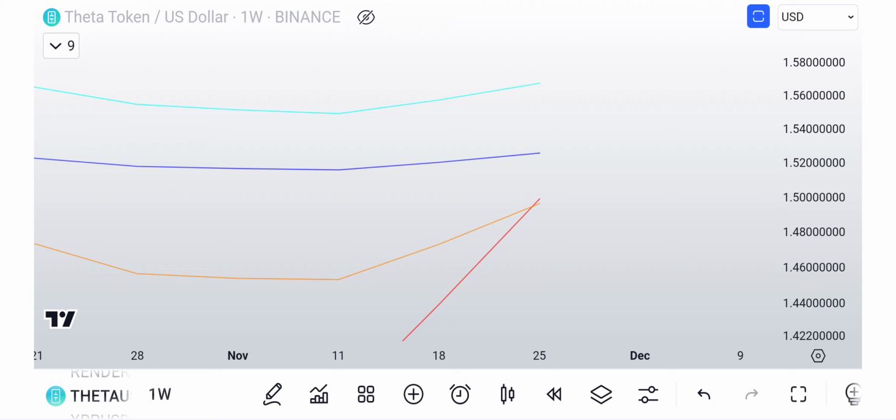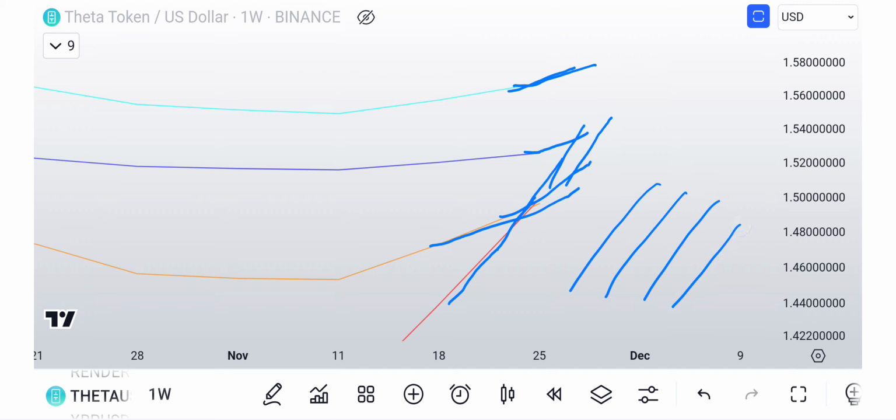So we want to see the 20 start to cross above the 200, and then we want to see the 50 start to cross above the 200, and then we want to see both of them cross, and basically in unison, right? 200, 100, 50, and 20.